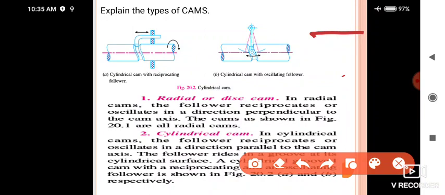Here the groove is shown, and on that groove the follower rides. It is clearly shown in figure B. So this is all about the types of cams: the radial or disc cam, and the cylindrical cam.